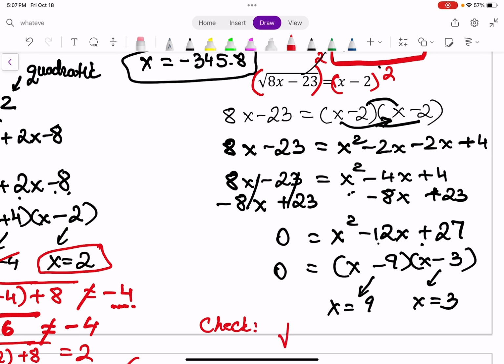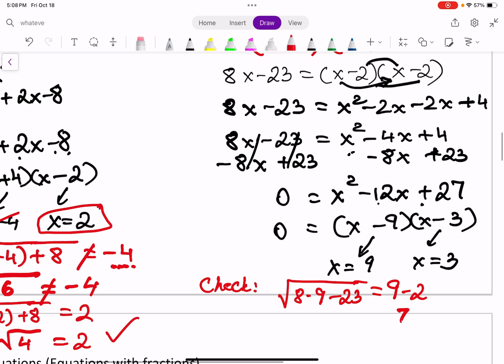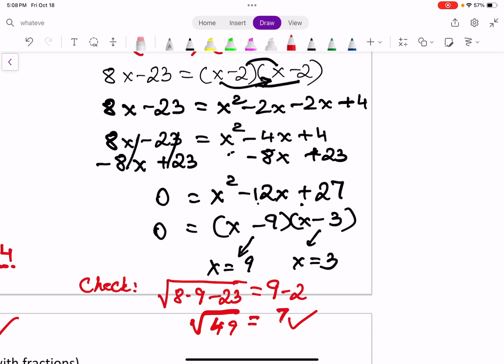So is the square root of 8 times 9 minus 23 going to equal 9 minus 2? That looks promising because I end up with a positive number across. And that's 72 minus 23, which is 49. So yes, the square root of 49 is 7. So that's an okay answer.